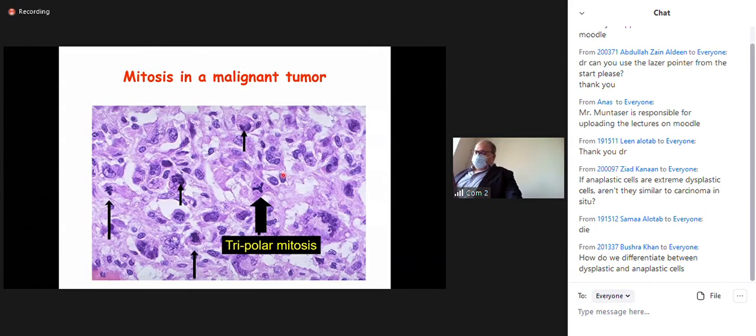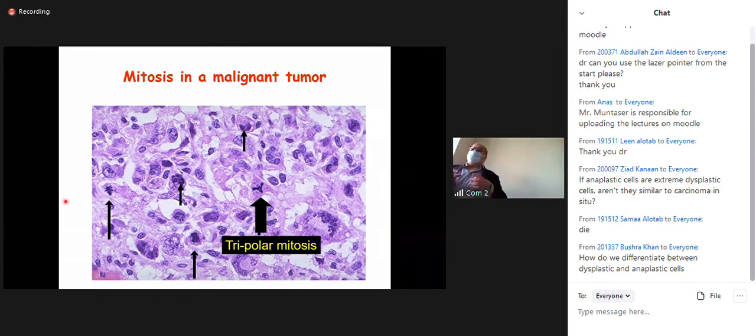So here are examples of mitosis that you see in malignant tumors. Look at this. The cell is completely smudged. The nuclei is completely smudged. And there is an explanation for this: as a result of the carcinogenesis that has affected the cell, the chromatin of the cell becomes very fragile.